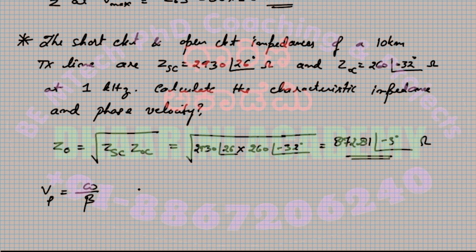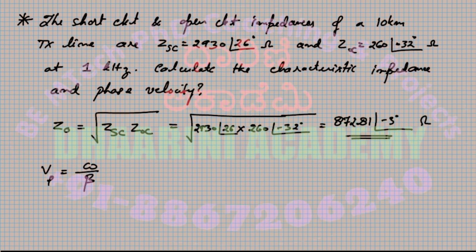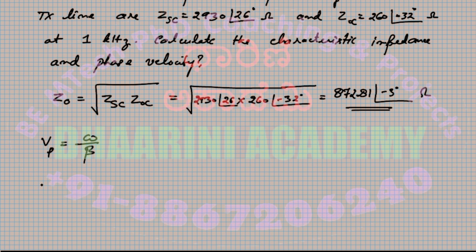Omega can be calculated directly, frequency is given, 2 pi f, but for beta I have to do a calculation. It comes from the propagation constant gamma, so first I need to find gamma.